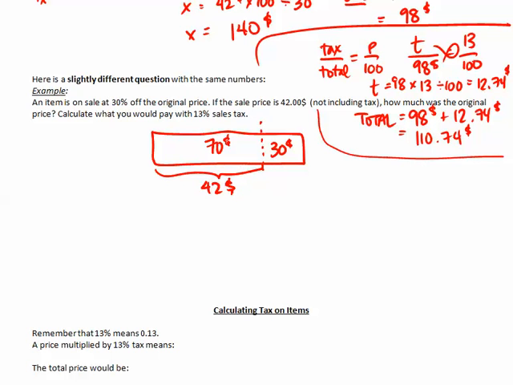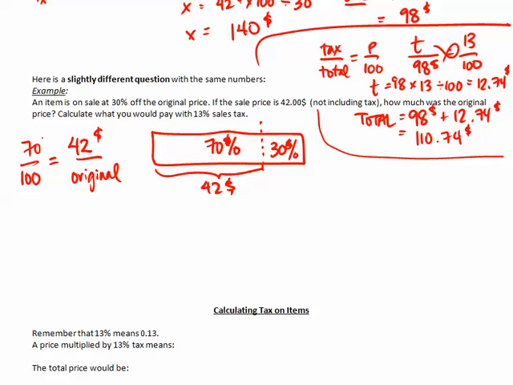And it's asking what was the full amount. So the full amount, or the original price, would need this extra 30%. Oops, that should be a percent. So the 70% over 100. The 70 represents the $42, and the original price represents the full amount.